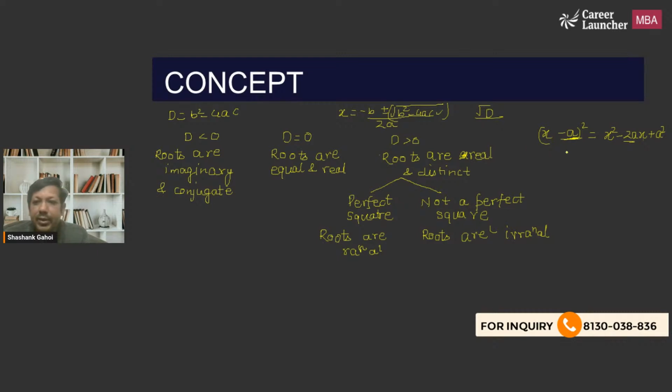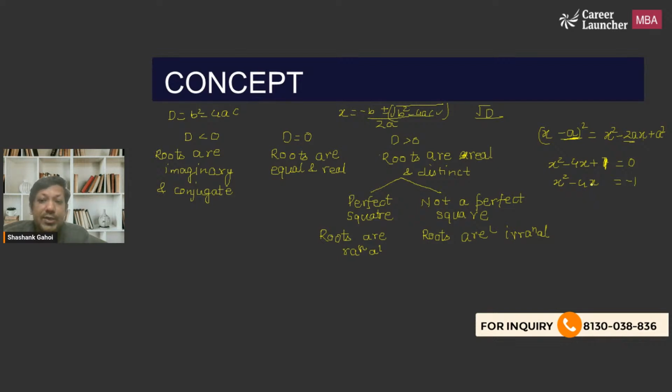So for example, if I'm talking about x square minus 4x plus 7, and let's say that's equal to 0, I want to solve this. How I'm going to solve this? It can be 7, it can be any other number. Let's say it is 1. Then how I'm going to solve it? So basically x square minus 4x is equal to minus 1.